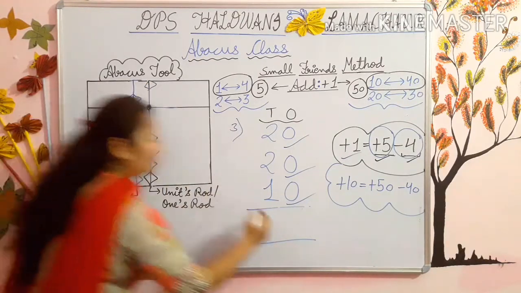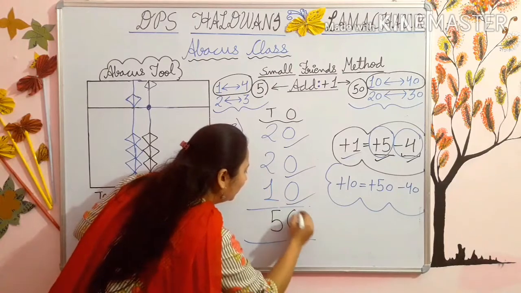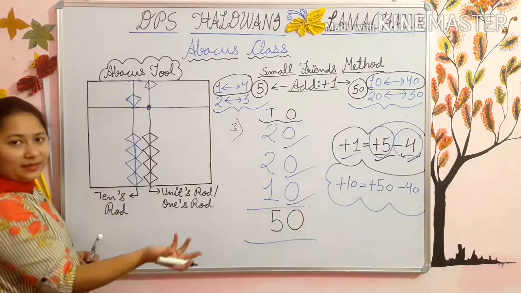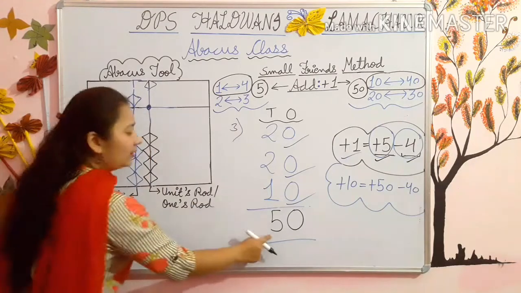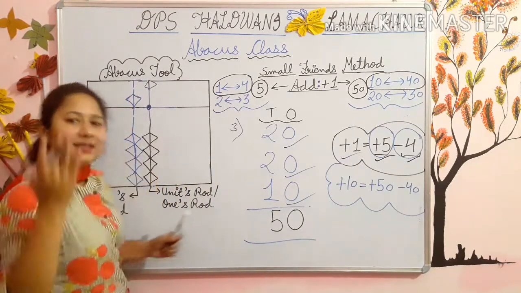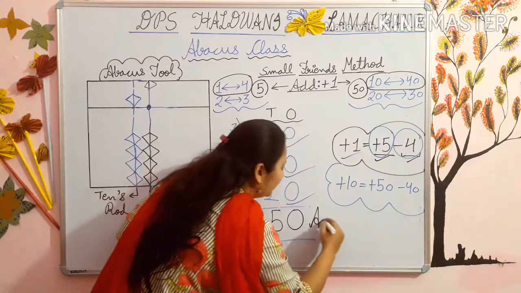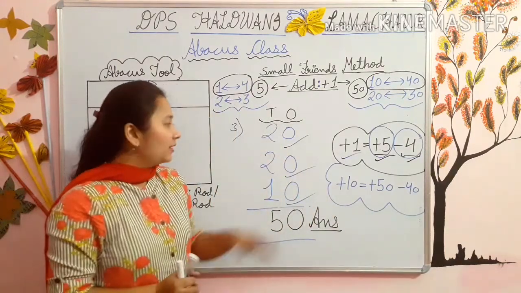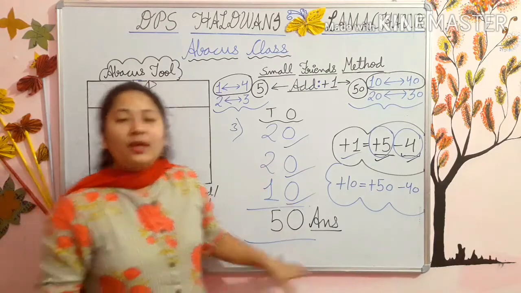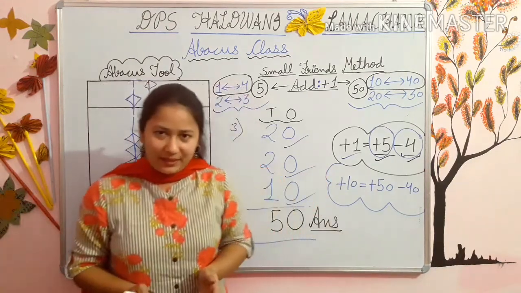Here is 50. And here is also nothing. You can do like this also, that here is 5. And here is nothing means 0. So answer is 50.